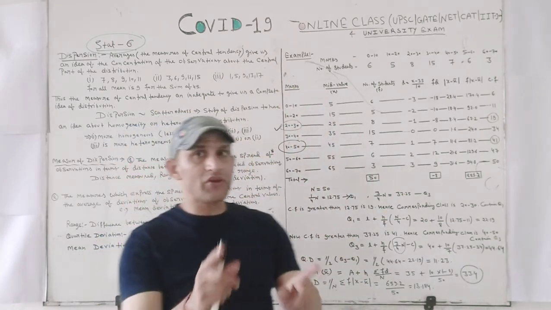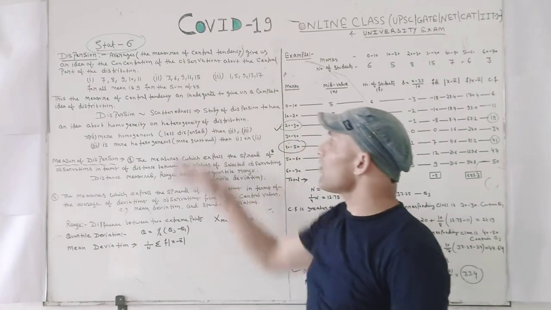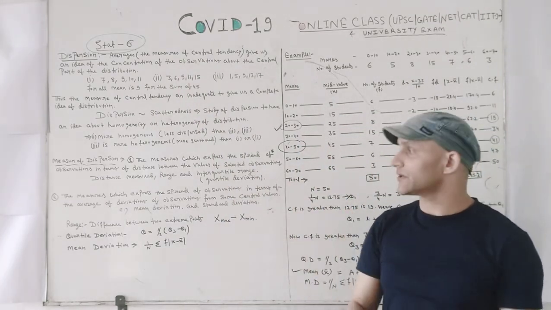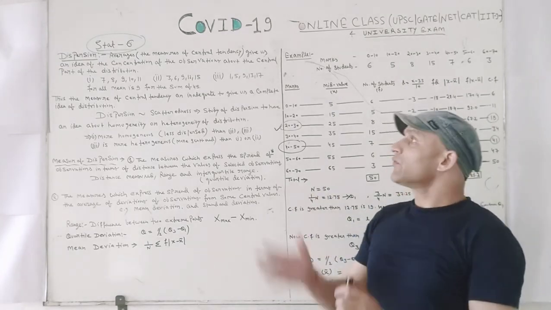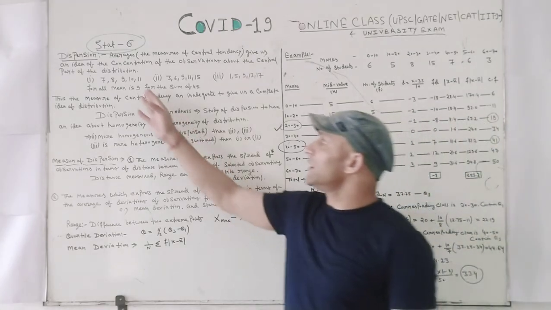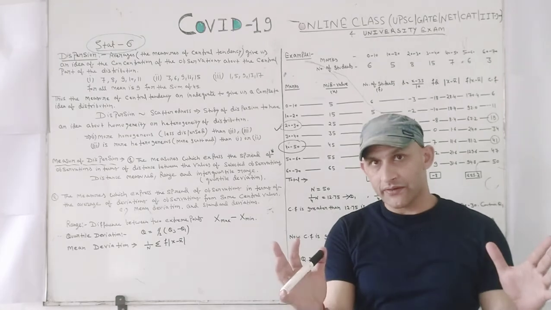This question will come in your university exam. They will ask this, and this is the meaning of dispersion. What is the application of dispersion? Why are we studying dispersion? Because it tells us how your data is scattered.